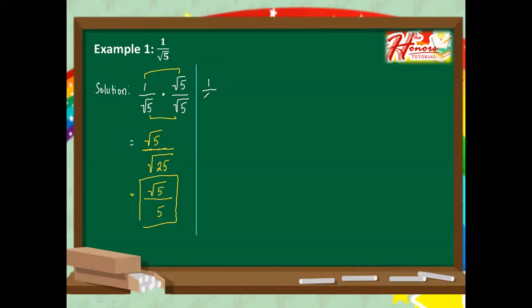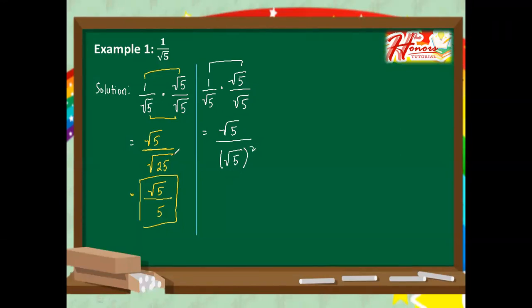So that is 1 over square root of 5, and then multiply the numerator and denominator by square root of 5. And then same process, just multiply the numerators first. 1 times square root of 5 is square root of 5 over square root of 5 times square root of 5. Then it will become the quantity of square root of 5 raised to 2.